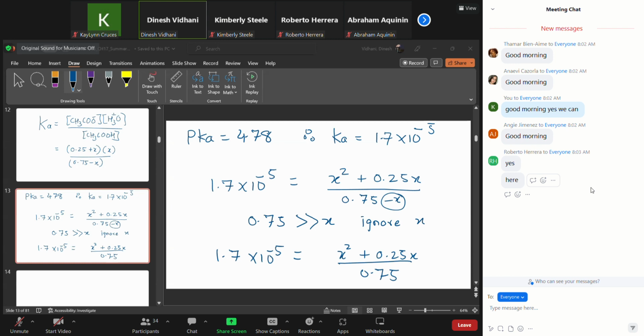Any guess? Can I make one more assumption here? Now let me ask you a question: when you are squaring a small number, will that number become small or big?